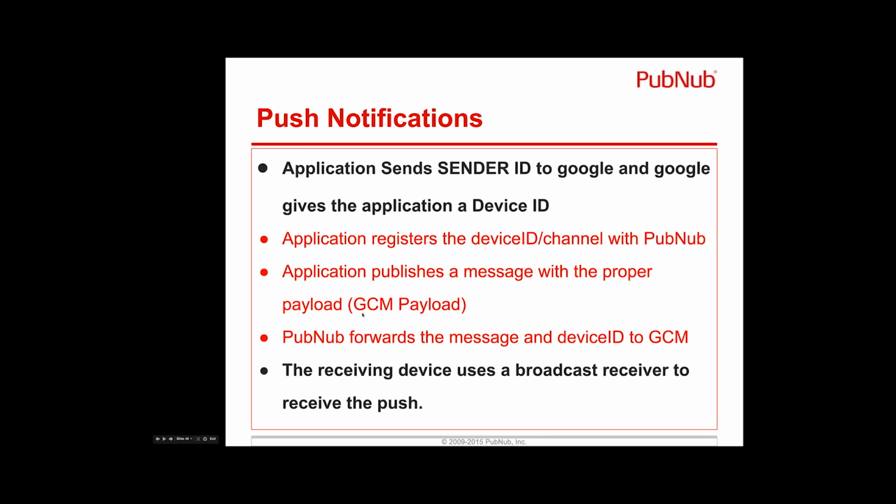When PubNub encounters that payload, it will forward that message to GCM with the device ID. At that point, it's up to Google to send that push notification along. And if you read the Google documentation, sometimes those aren't guaranteed and the timelines are not guaranteed. But typically, this is done within a fraction of a second. You'll start to see messages received.